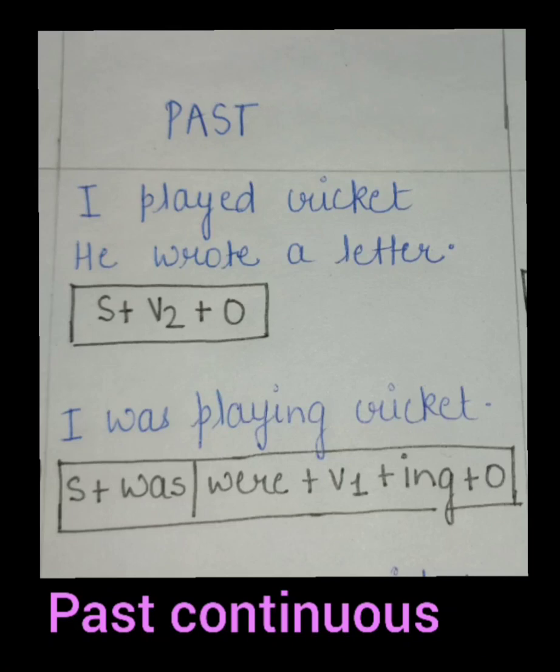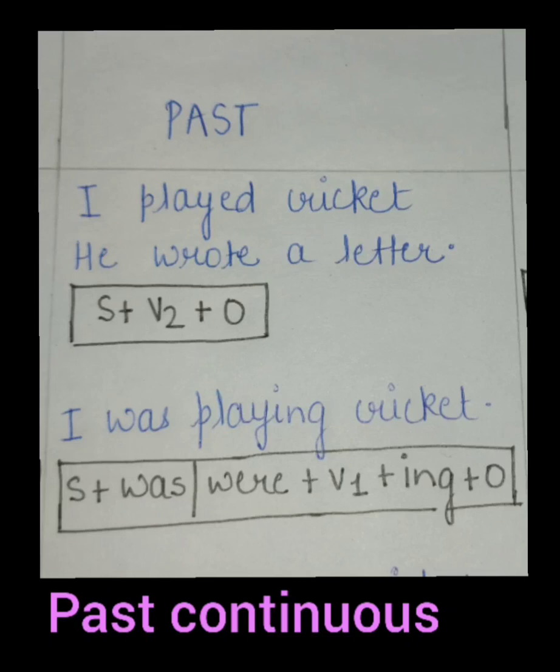So students, was will be used with singular subject, whereas were will be used with plural subjects. Okay. So if I have to say she was, he was, in that case I will be using was. Okay, singular. But if I have to talk about plural, I will be saying they were playing cricket or we were playing cricket. So you need to pay attention to the helping verb as well.